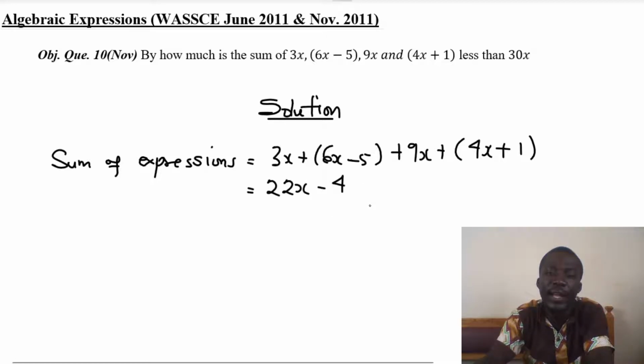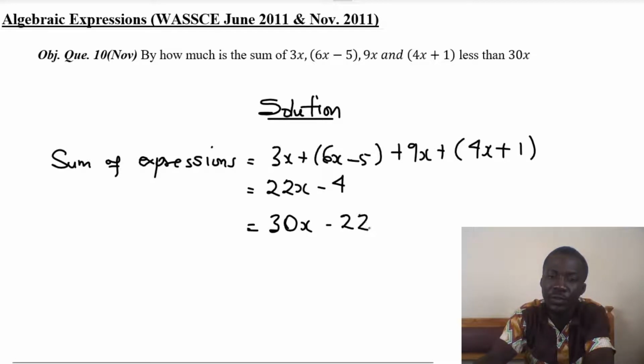And the question is, by how much is the sum, which is 22x minus 4, less than 30x? What it means is that we are going to deduct the sum, which is 22x minus 4, from 30x. So it will be 30x minus (22x minus 4).